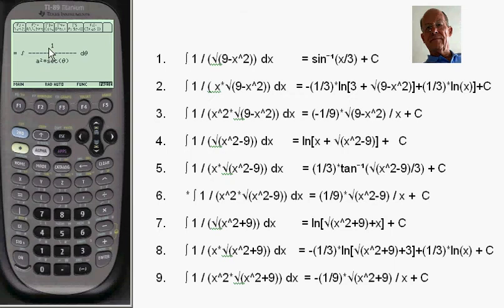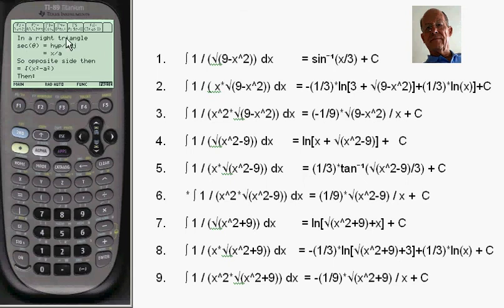So many of those things cancel, so we have a squared times secant theta, and of course this is a constant, 1 over 9, so that comes out of the integral, and we have 1 over secant theta. Reciprocal identity: 1 over secant theta is cosine of theta. The integral of cosine of theta is sine theta. Okay.